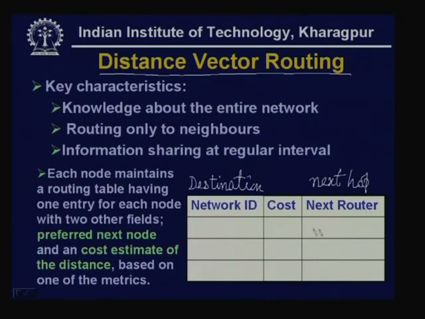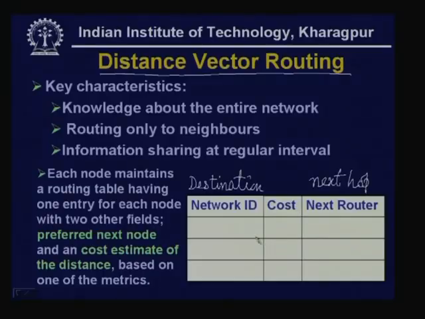So, from this table each node gets the information about the cost and also the next hop node, and based on this cost information the routing can be performed. The routing can be done using the Bellman-Ford algorithm or some other least cost path algorithm. In this way, the node maintains a routing table, and the minimum cost route is used for routing purposes. This is the distance vector routing.